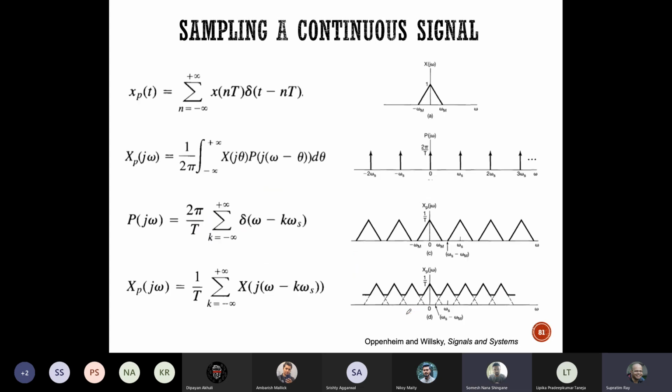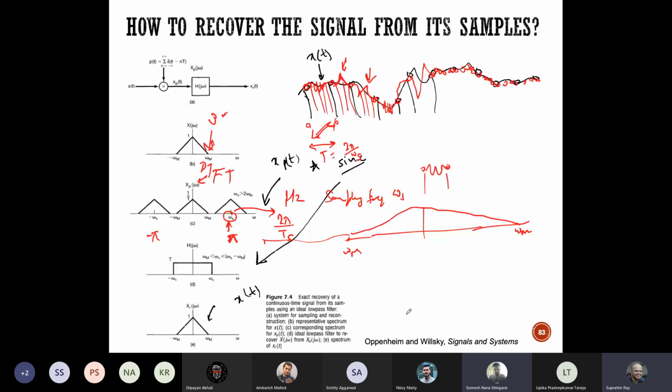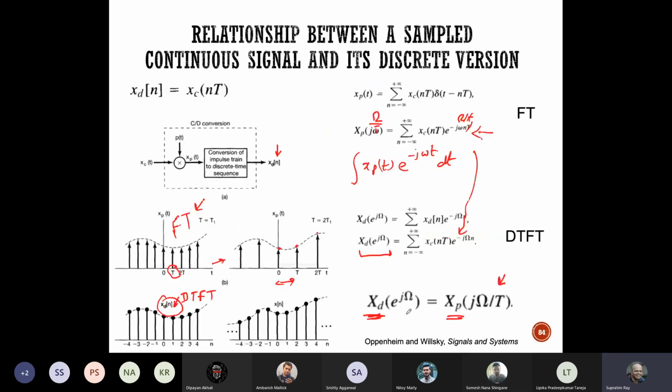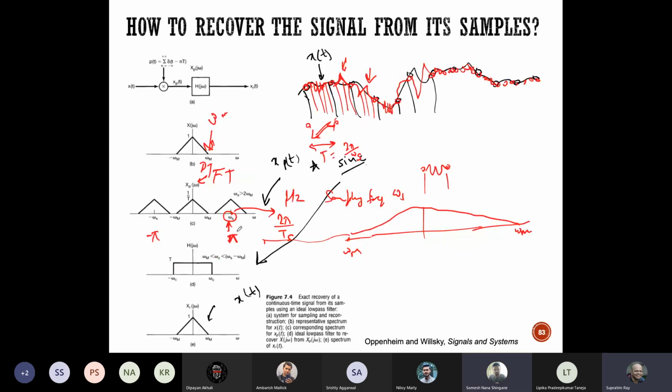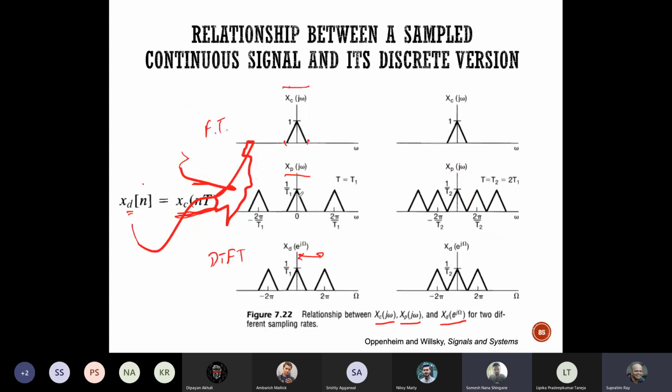It's a discrete signal. So this is in the time domain, and in the frequency domain, you lose information about omega s and it becomes pi. So that's how they are related. This is the Fourier transform and this is the DTFT. They look very similar, except one has a period of 2 pi by T, the other one has a period of 2 pi.